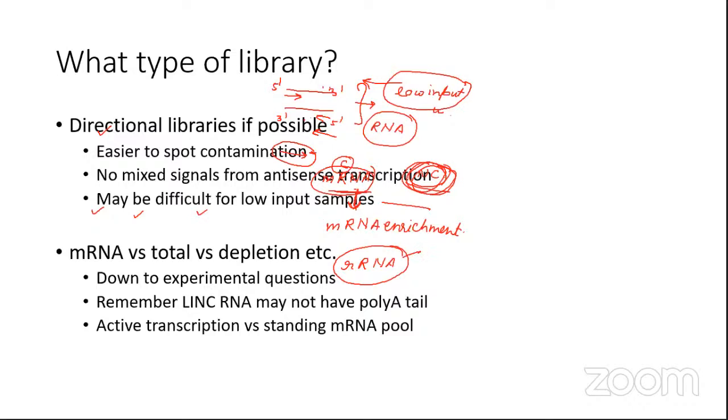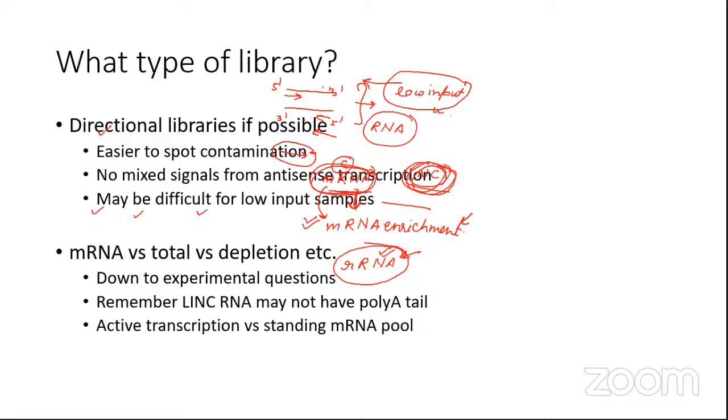Already we know that there are two common approaches which people use, rRNA depletion or mRNA enrichment. If our intention is to study the mRNA, better to go for mRNA enrichment. If we want other types of RNA to be studied, go for rRNA depletion.